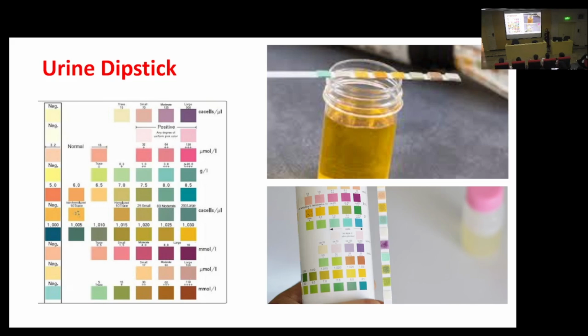The last thing I want to talk about is urine dipstick, and it can basically detect. You have this stick with membranes, small squares. Each membrane is different. It has a different chemical composition, and every one of them can react with something very specific. One of them may react with ketones in the urine.